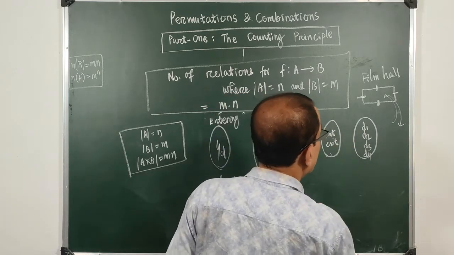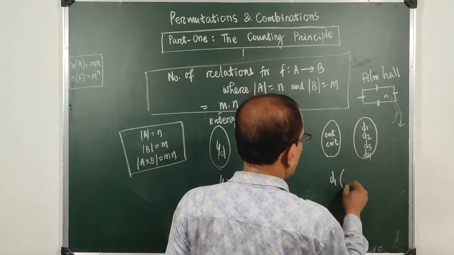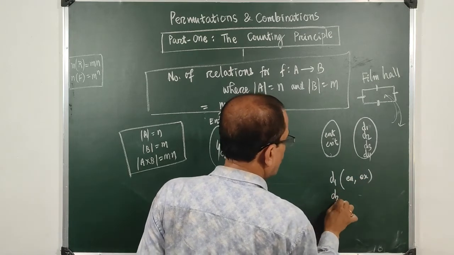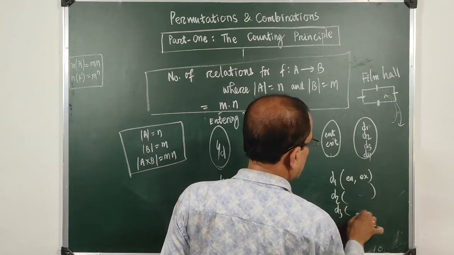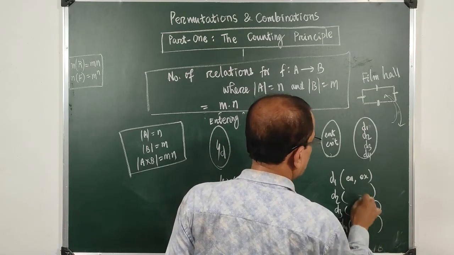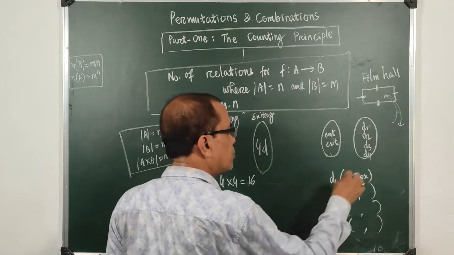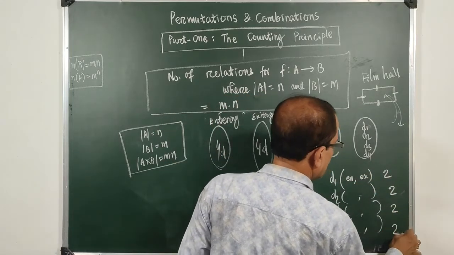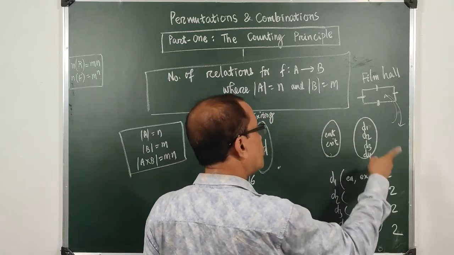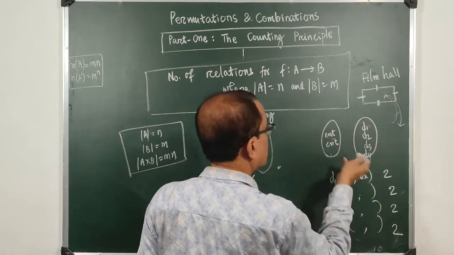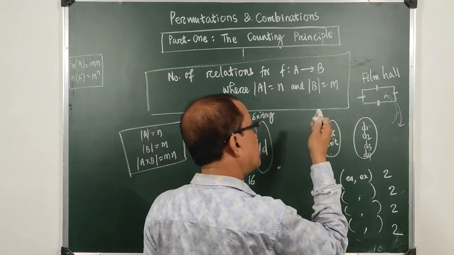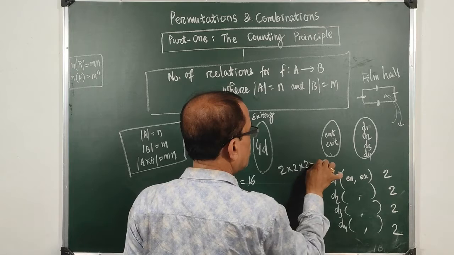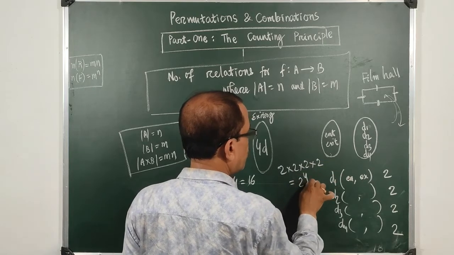So each door is going to give you two functions, door 2 the same, door 3 the same, door 4 the same. So every time you get two things, or these four doors can be used each time in two ways. So 2 into 2 into 2 into 2, this gives you 2 to the 4, which is 16.